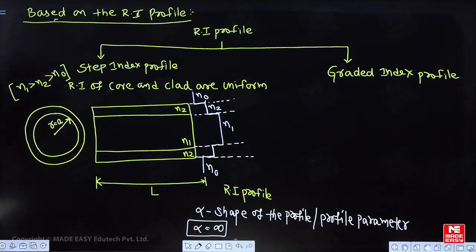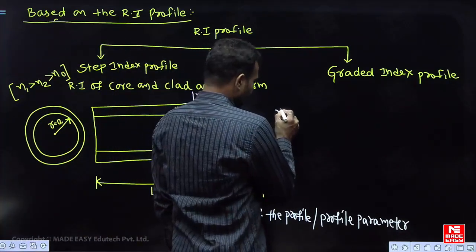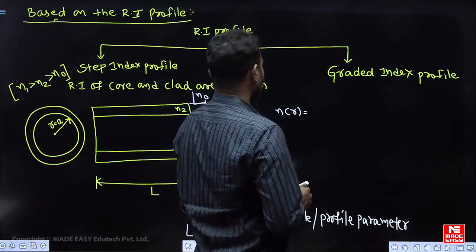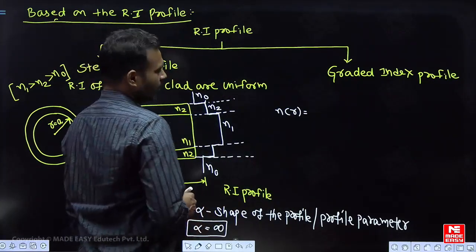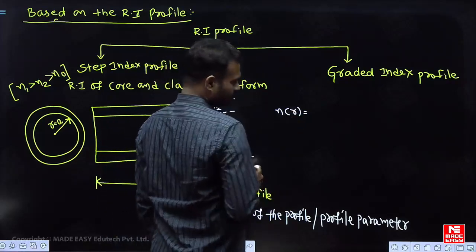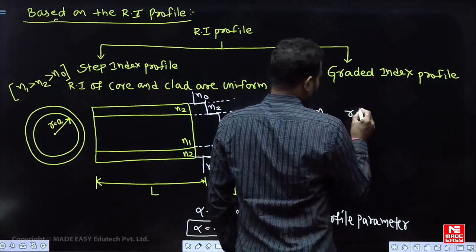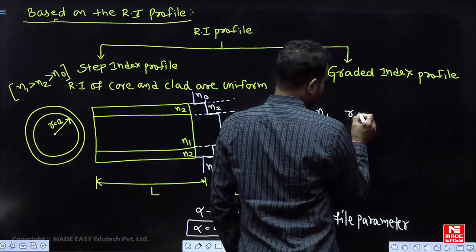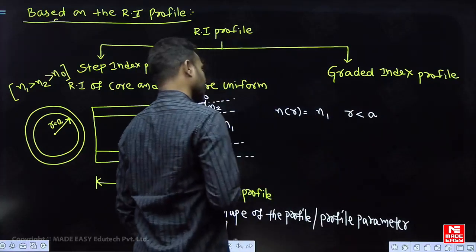Now I need to explain another important thing, that is how the refractive index is changing. Look, the refractive index is changing, n(r), because the refractive index depends upon the radius. So n(r) is equal to N1 when r is less than a.